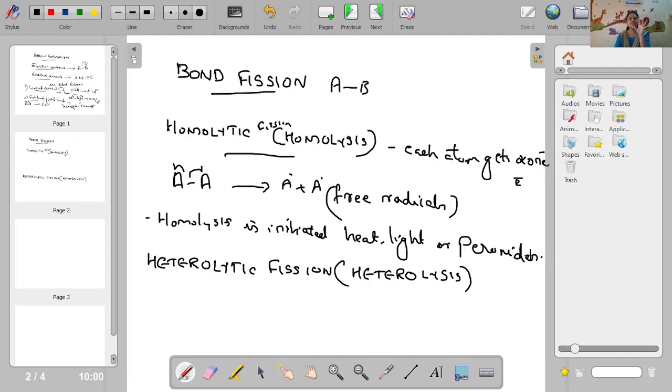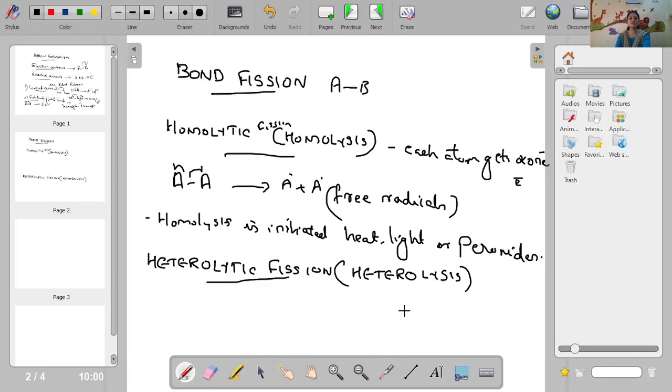So these are the ways to introduce homolytic cleavage. As a result, free radicals are generated and they are electrically neutral, and each atom gets one electron. That is what is called homolytic cleavage or homolysis.